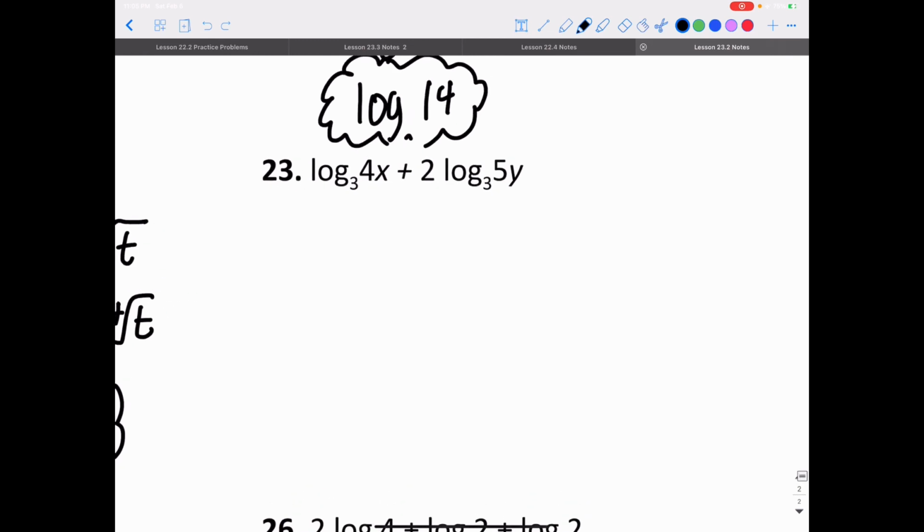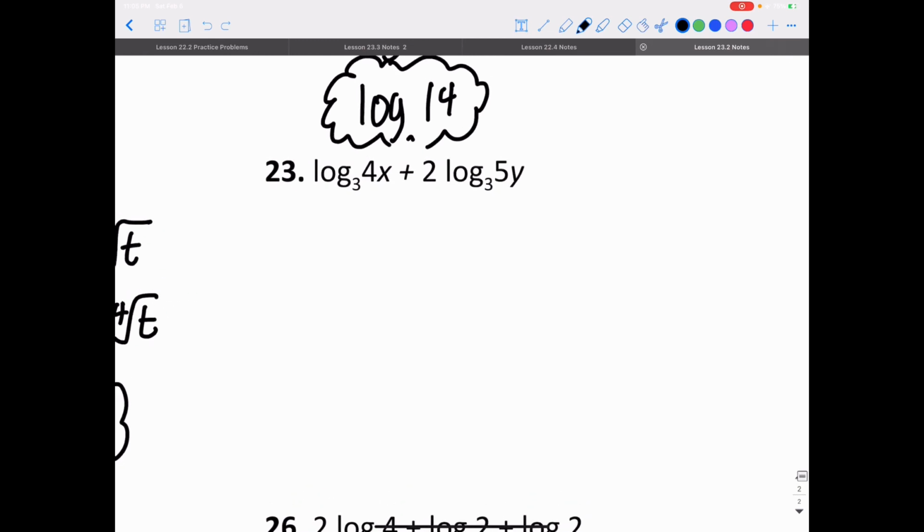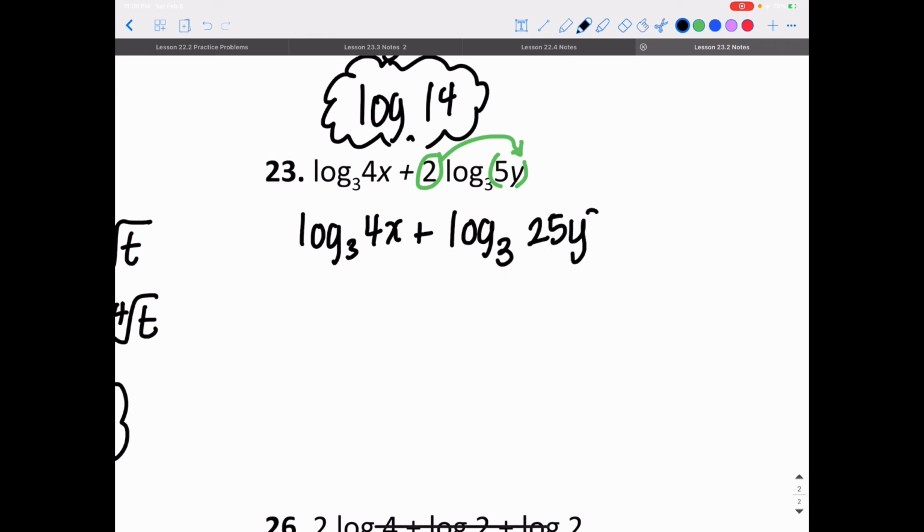For number 23, I have log base 3 of 4x plus 2 log base 3 of 5y. First thing I need to do is get rid of this coefficient. So I'm going to make this an exponent for 5y, and it's everything inside of the logarithm. So I'm going to have log base 3 of 4x plus log base 3 of 5y squared, which is 25y squared inside. Now I'm going to combine these.